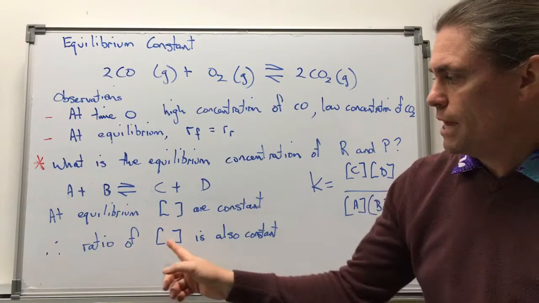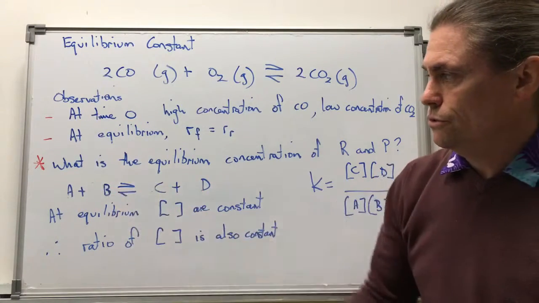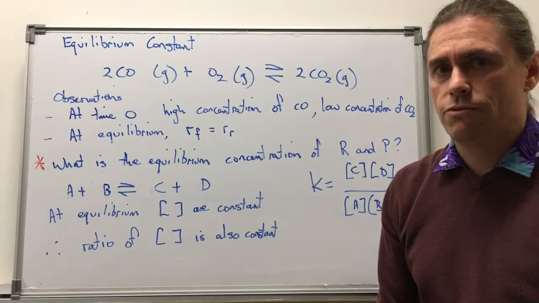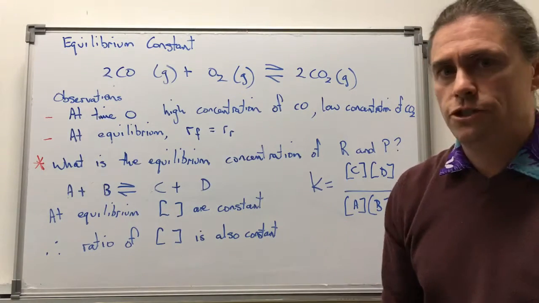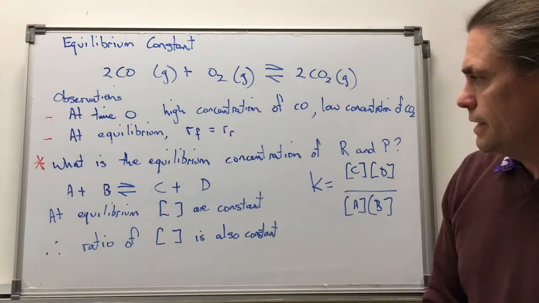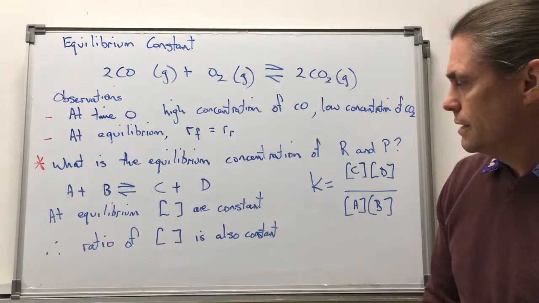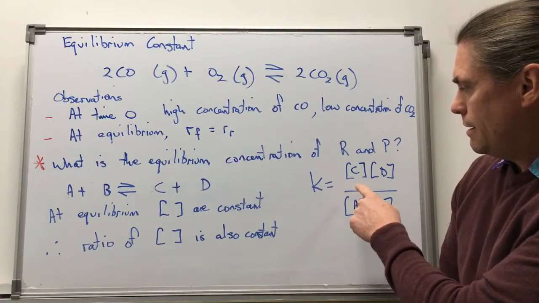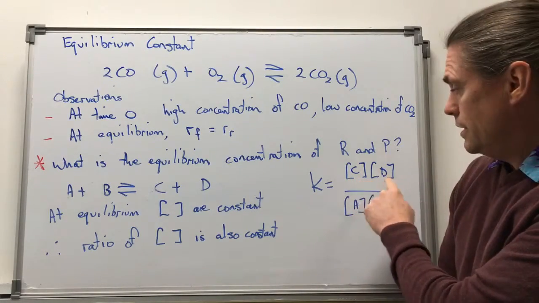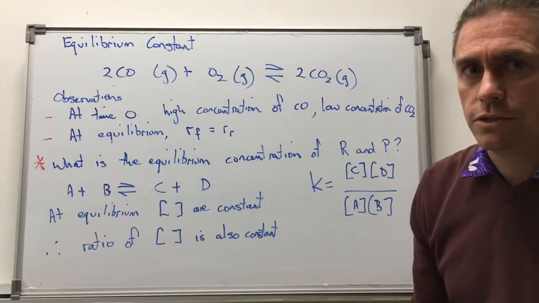Therefore we can say that the ratio of our products to reactants is also constant, which means we can derive a generalized formula with this constant K. In this case, and by convention, we put our products over our reactants. So we say that the product of the concentrations of our products, C times D, over A times B will always be this constant.